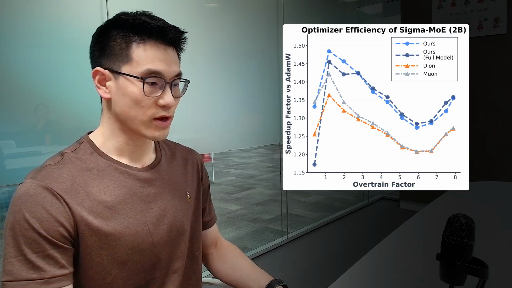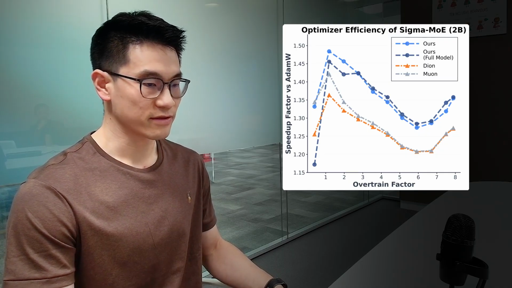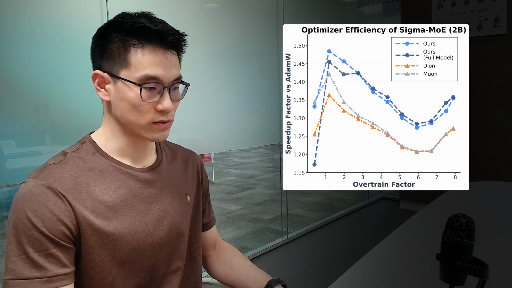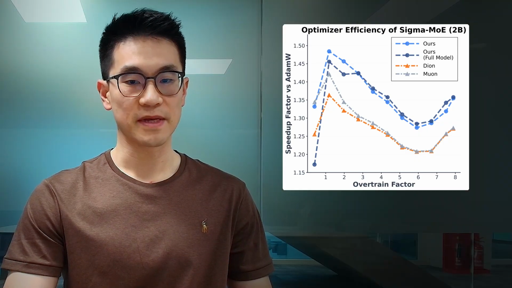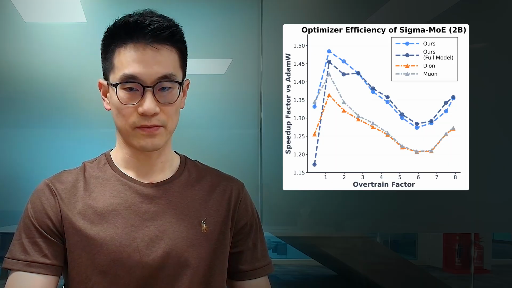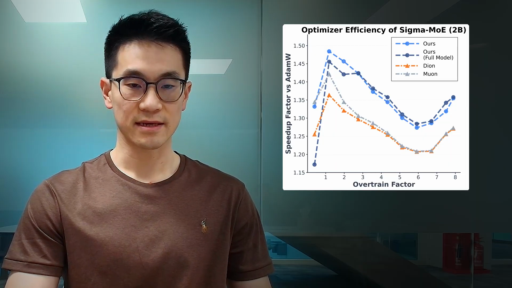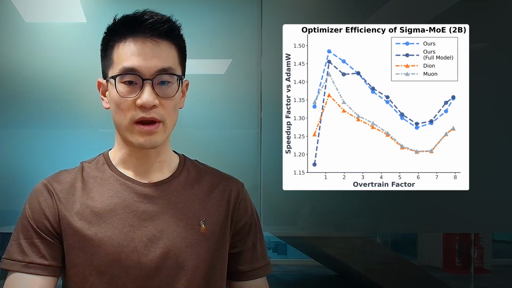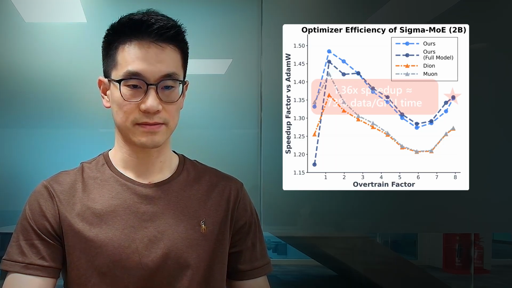First, we collaborated with Microsoft Research Asia and evaluated the optimizers on their newly developed MoE model called Sigma. We measure the optimizer performance using the relative speedup in steps over AdamW. This is shown on the y-axis, and the x-axis indicates the data scale, where each unit represents the Chinchilla compute-optimal dataset size.